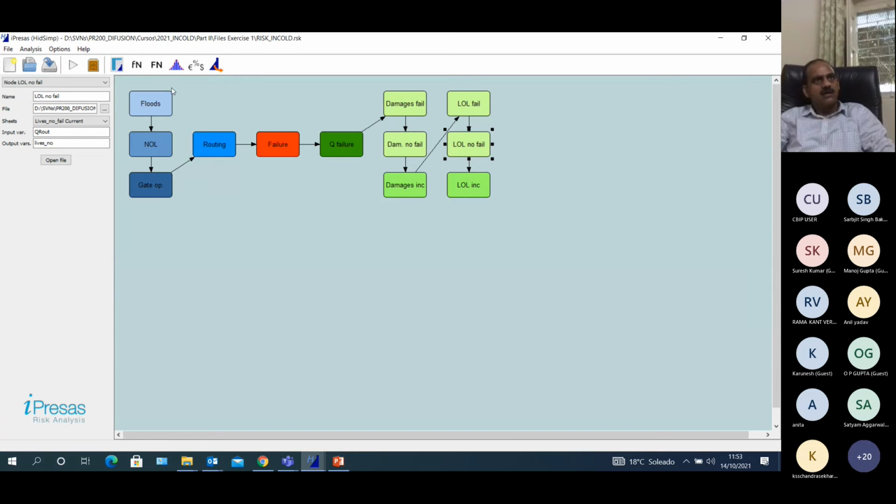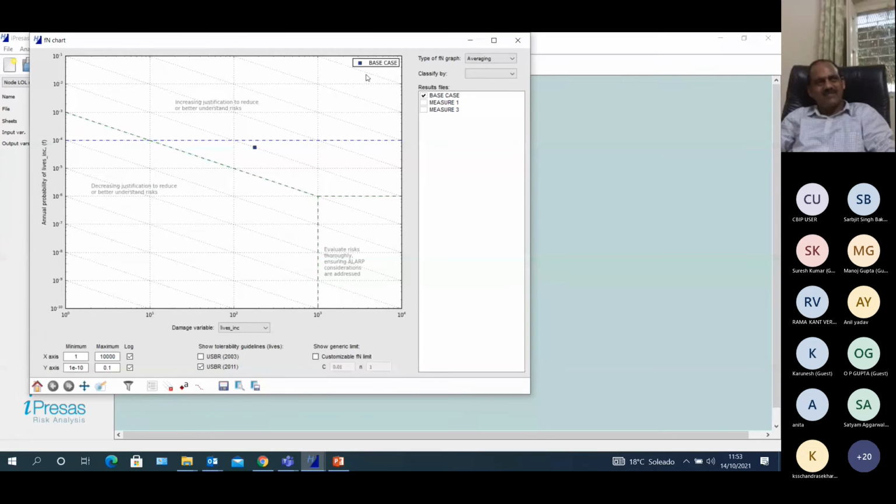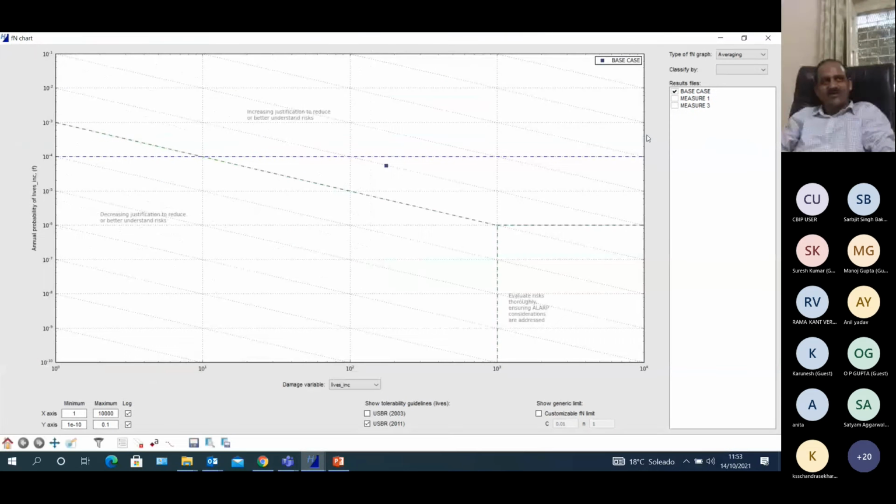What is very interesting of this is when you go, for instance, to an FN graph, and now you check this measure 2, what happens? As we could expect, probability lowers, but very little. Why? Because the discharge through the bottom outlet is typically very small compared to the inflow.